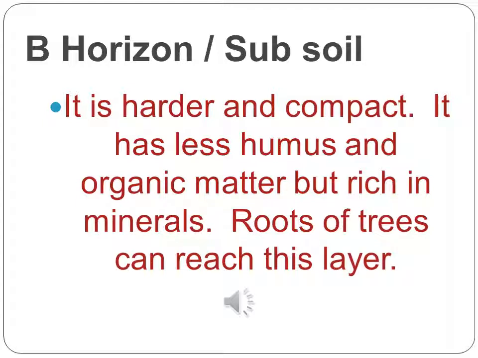The B horizon is often mixed while plowing the field. When the farmer plows the field, the B horizon gets mixed up with A horizon.